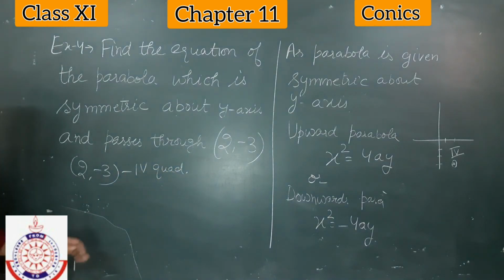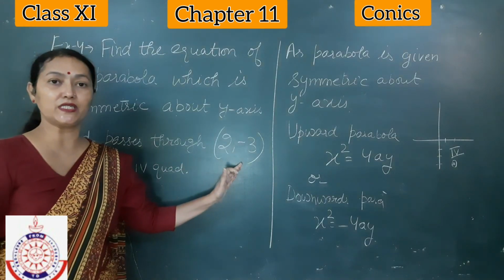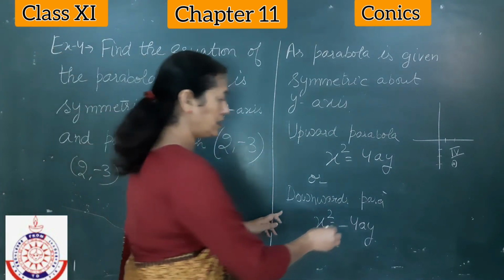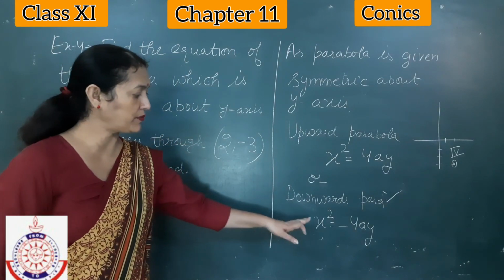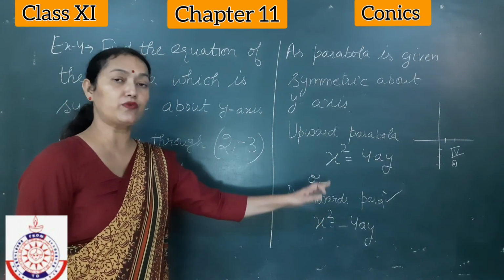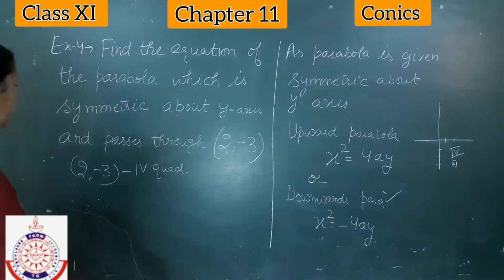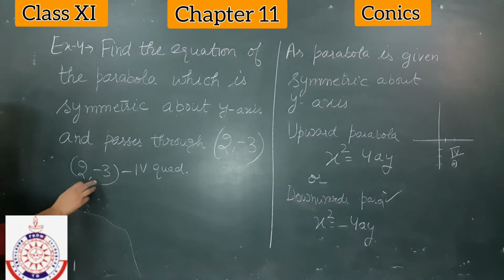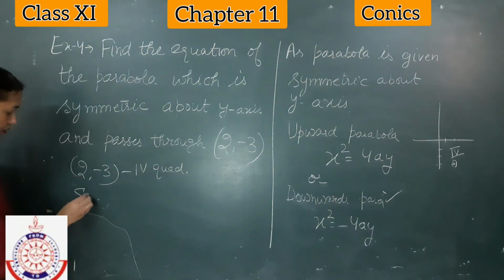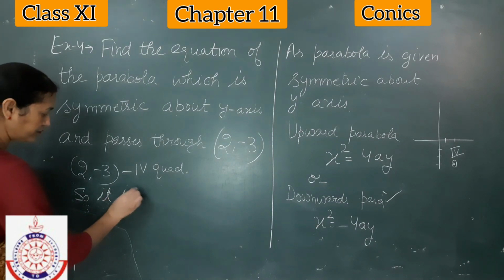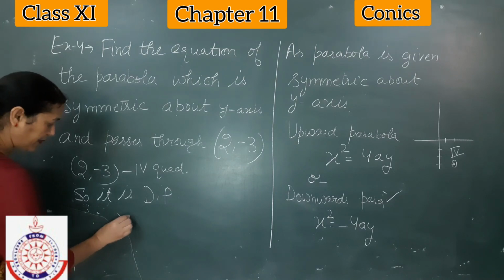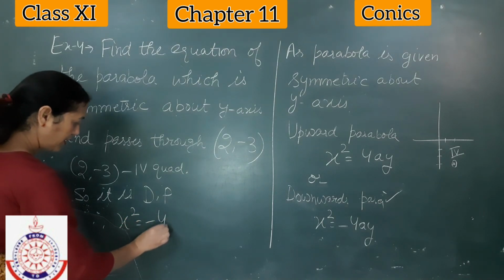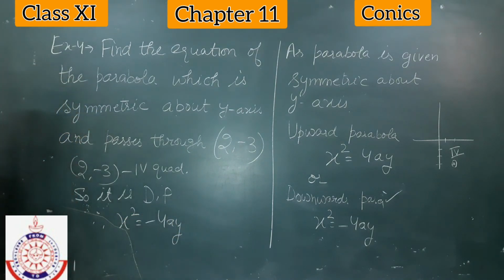And they are saying that the parabola is passing through this point. That means the parabola is a downward parabola. Therefore, the equation of the parabola will be x square equals minus 4ay.